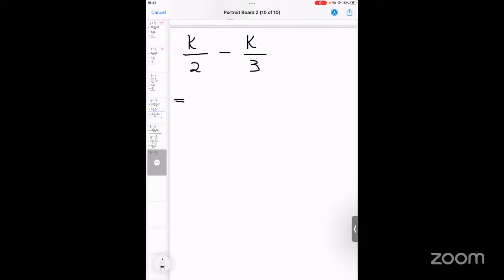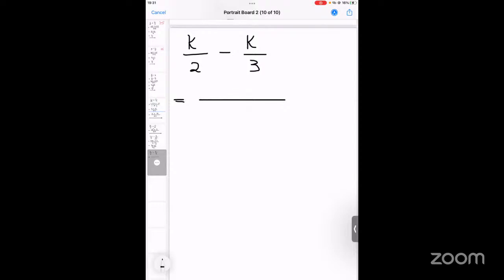What did you do? Langulisha, are you still there? Yes, I'm still here. First, as a whole fraction, I wrote as the numerator k times 3.